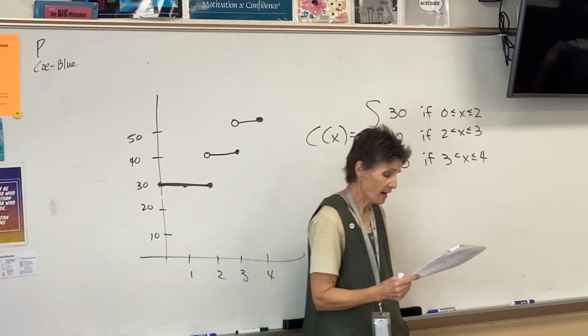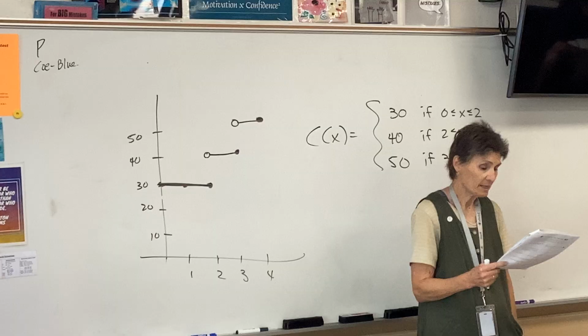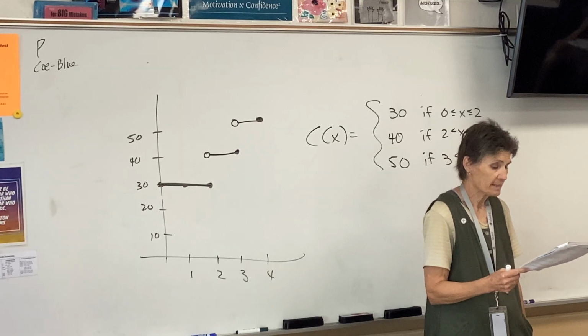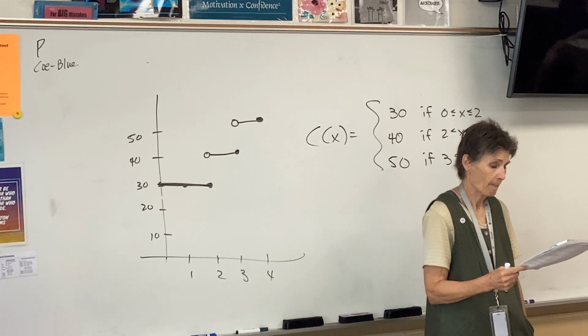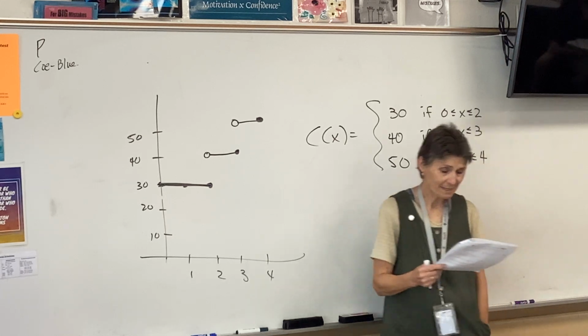Find C of 9 and C of 8, subtract them, and interpret the result in the context of this problem. All right, take a second and do that. Find C of 9 minus C of 8.